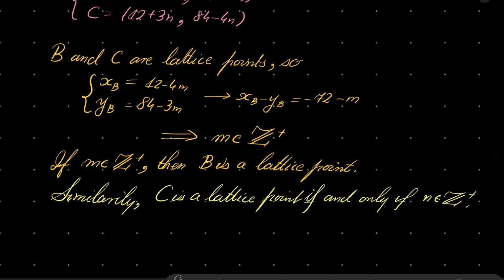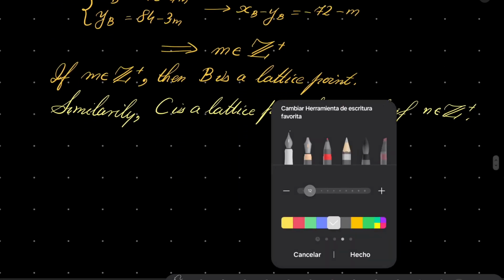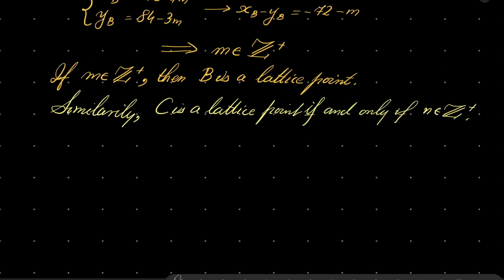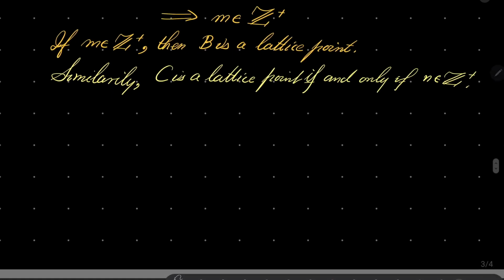very well. Now let me write our points once again. Points A, B, C. So point A is (12, 84).